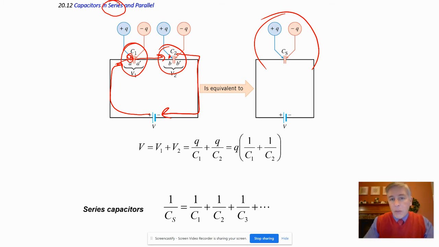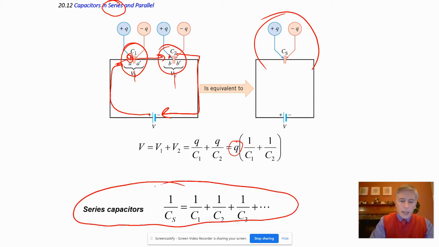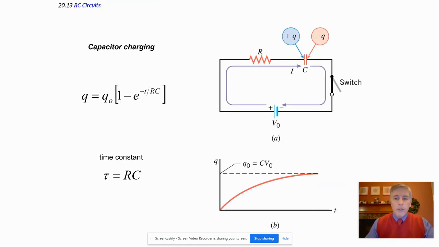That's the idea of the current: there was one current going through it. So when I replace my voltage being split up, V1 and V2, with Q over C's, we can factor out the Q's, and you're left with this, and this is how we combine capacitors in series. So it's just the opposite of what's going on with resistors.